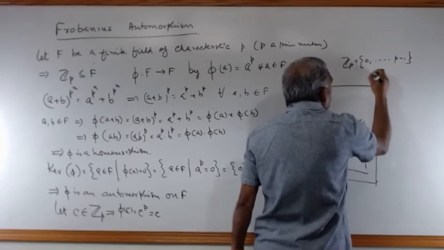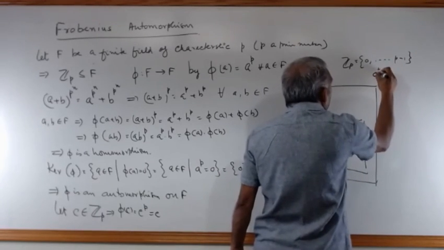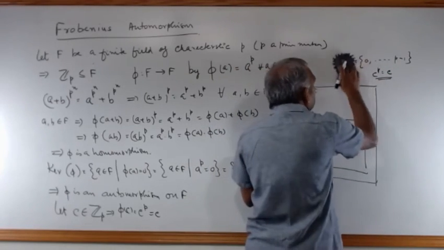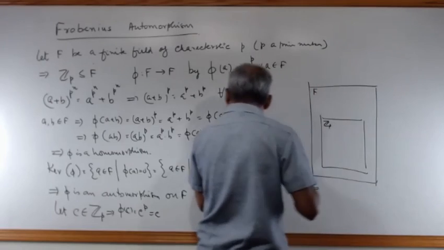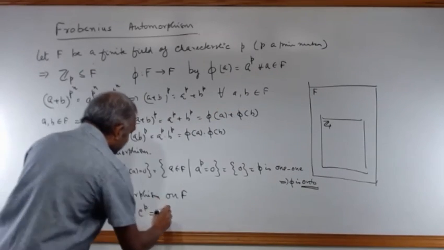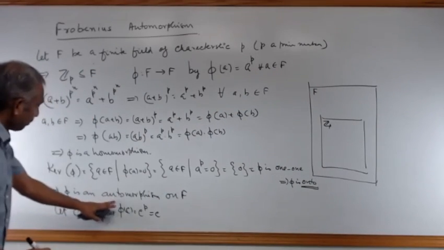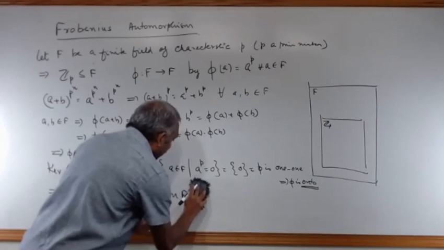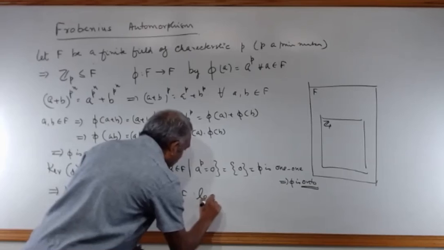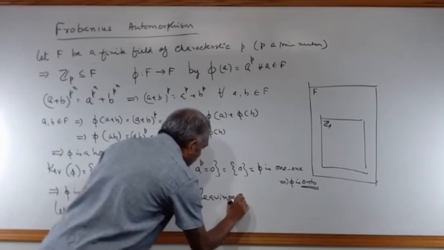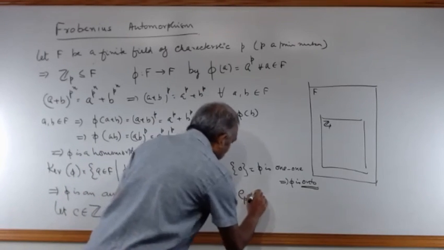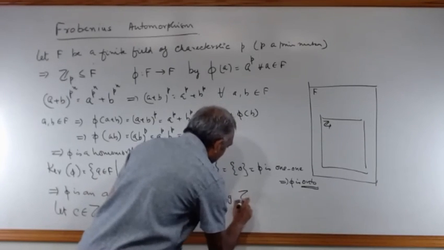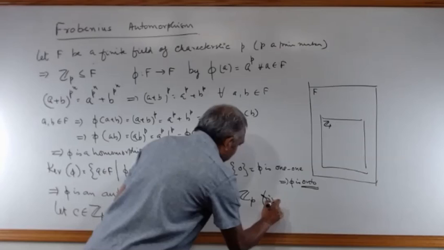So if you take any element here to the power of P, that is going to be C, because it's a cyclic group. So this implies phi is an automorphism on F leaving Z_P fixed.